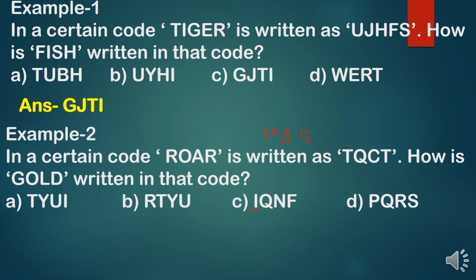This one. But not necessary कि correct हो. Let us match with all the alphabets. O, P, Q, L, M, N, D, E, F. Okay, like this we have to do. So here the answer would be I, Q and F. C is the correct answer. You have to tick it, as well as in this one you have to make a sign of tick.